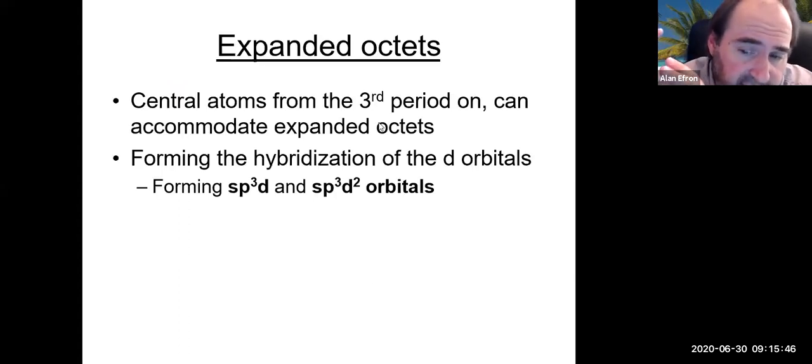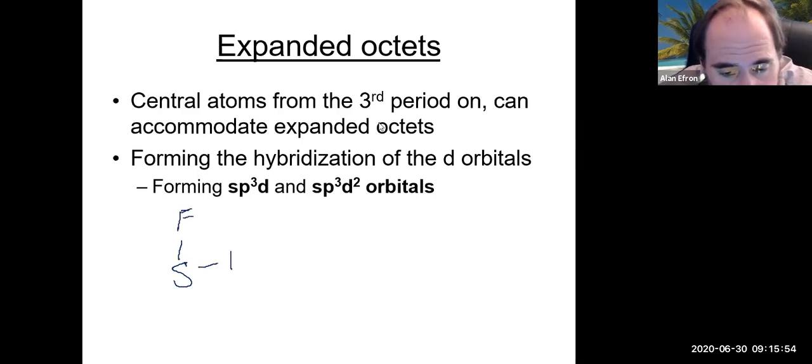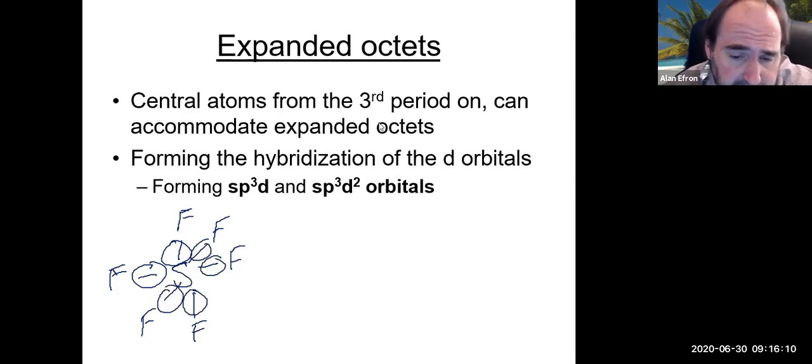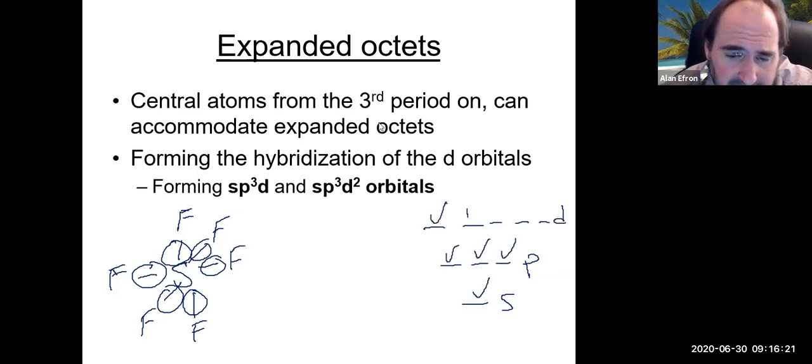Now we can also get into the expanded octet. So for example, let's take a look at SF6. I think I missed that S, but we'll go this way. All right, so again here, if we look at SF6, we've got 1, 2, 3, 4, 5, 6 electron pairs. If you weren't sure, you could do this little arrangement here: 1, 2, 3, 4, 5, and 6.